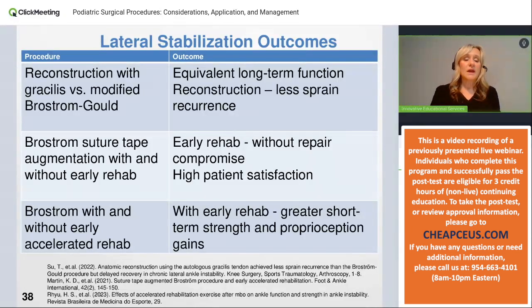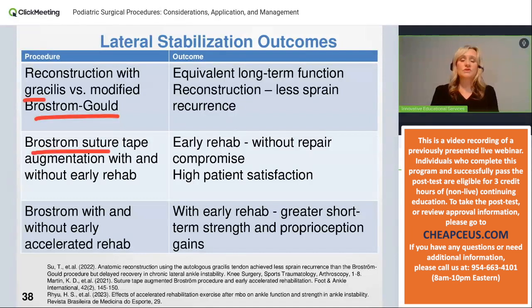In terms of looking at function for the patient, whether they had reconstruction with the gracilis or the modified Broström-Gould, where it was repaired and then reinforced with that retinaculum, when it was reconstructed, there was less sprain reoccurrence for the patients, but in all the cases, longitudinally, all of these individuals got back to full weight bearing, got back to all of their function and their work activities and what they considered normal life.